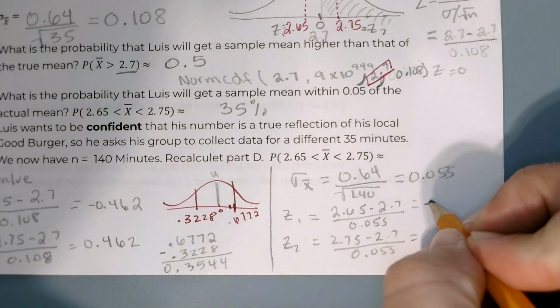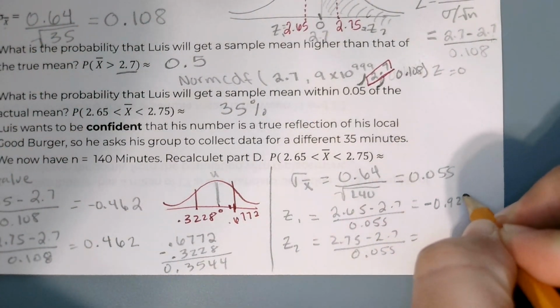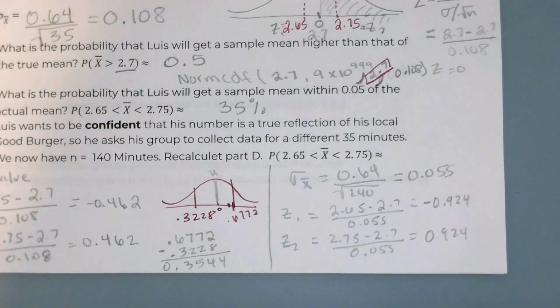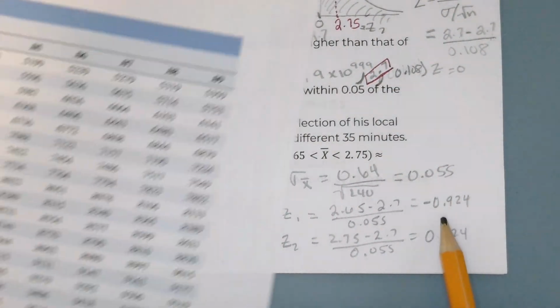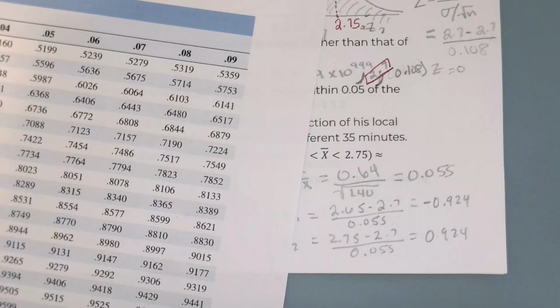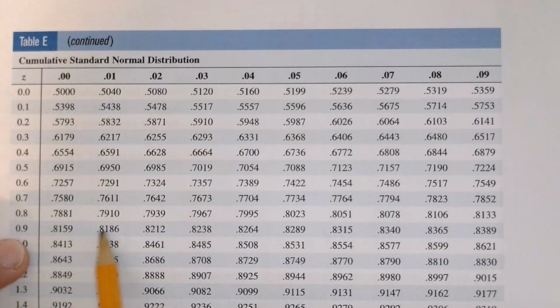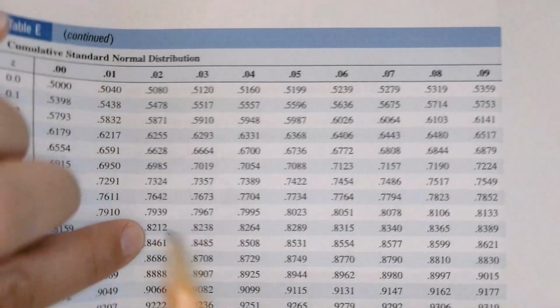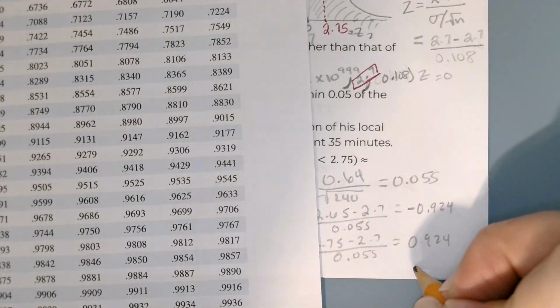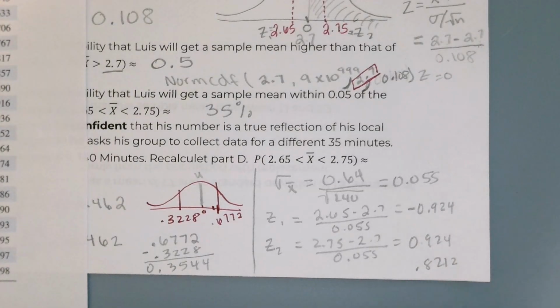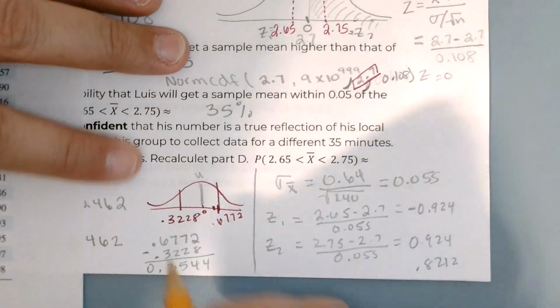That gives us negative 0.924 and positive 0.924. Now I can go back to my table. And now I'm looking for 0.92, positive 0.92 is 0.8212.